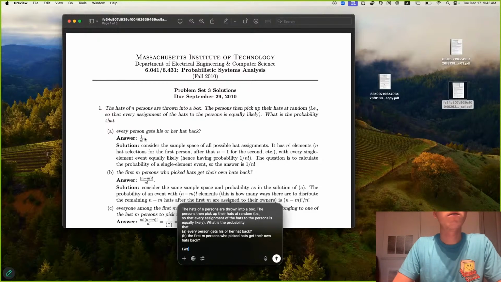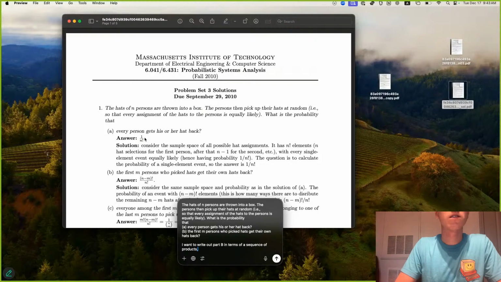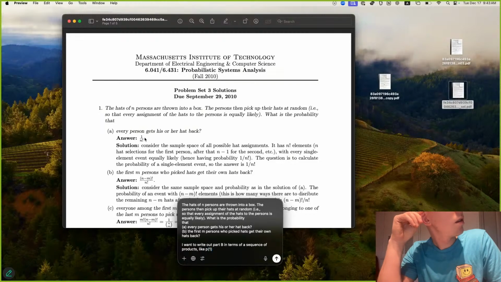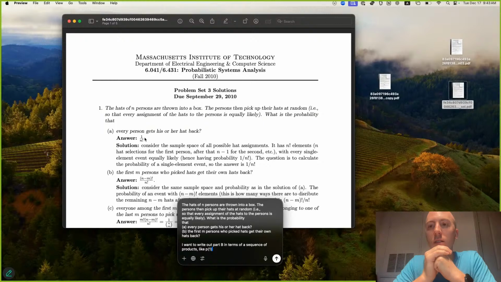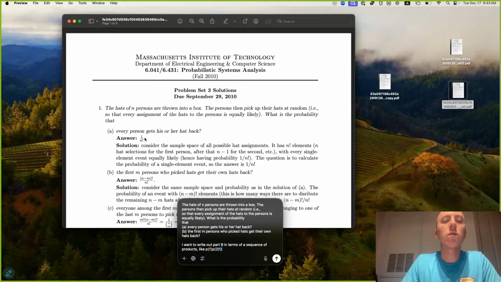I want to write out part B in terms of a sequence of products, like probability of 1. Wait, what even is the probability of 1? I guess the probability of 1 means the first person gets their hat back, and the probability of 2 given 1, probability of 3 given 1 and 2.